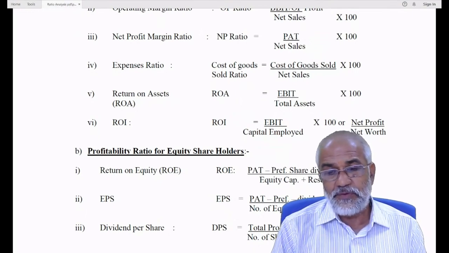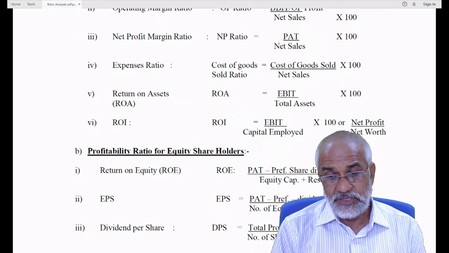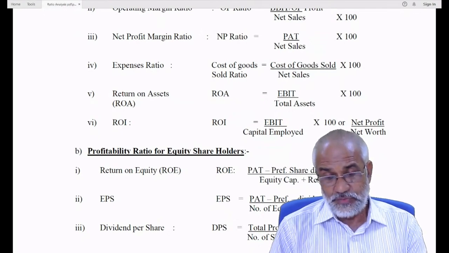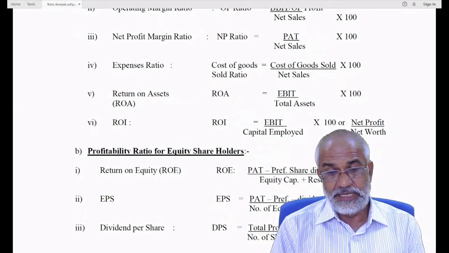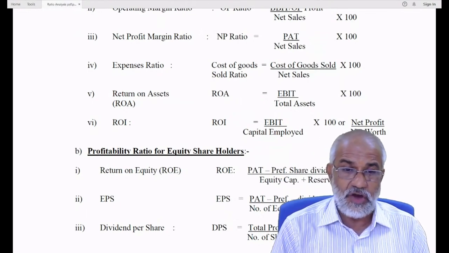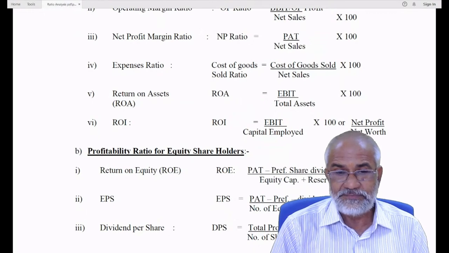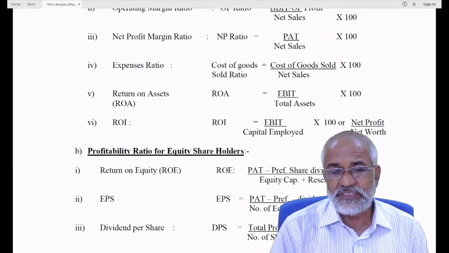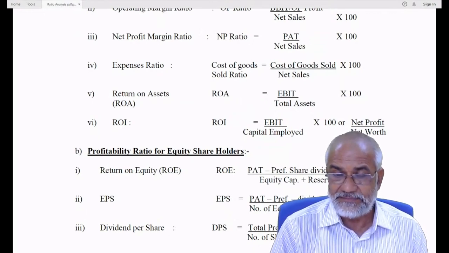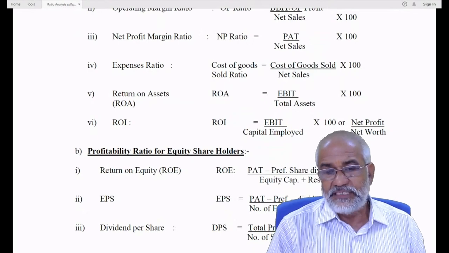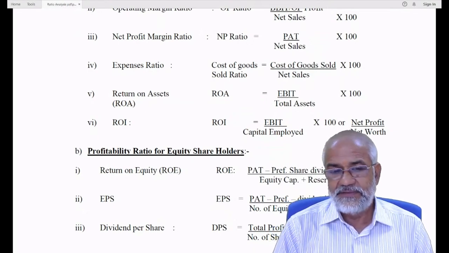That has to be deducted from the profit after tax, and the whole has to be divided by the equity shares plus reserves and surplus, in other words the net worth of the organization. And it has to be multiplied by 100 for determination of the return on equity. That means how much return the equity holders are getting. This is in the form of percentage.